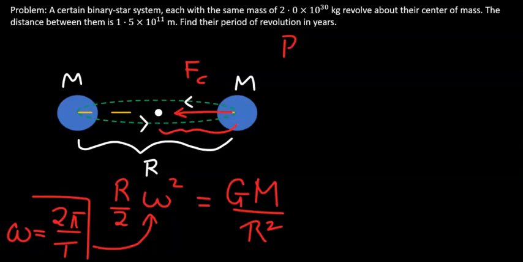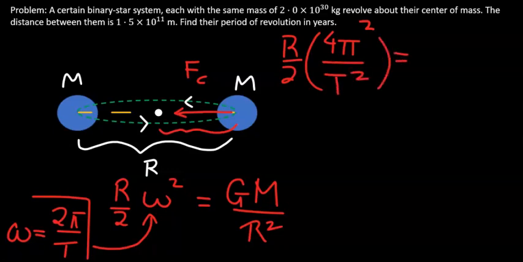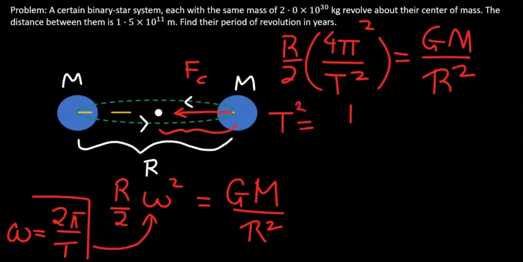You will get r over 2 times omega squared, which is 4 pi squared over T squared, equals G mass over r squared. And we get the following for T squared, which is r cubed over 2, times 4 pi squared over GM.